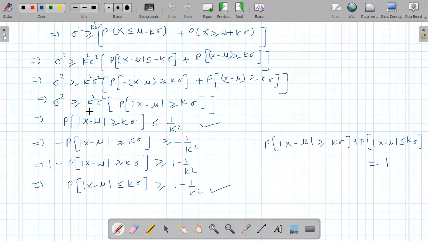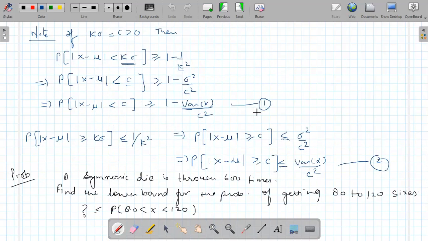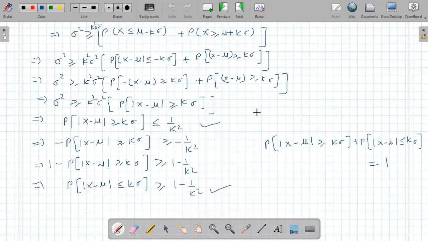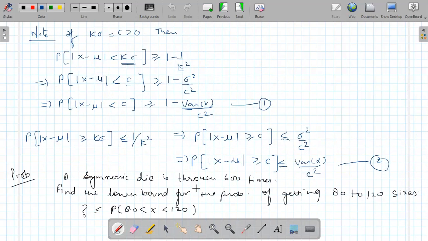So this inequality in terms of variance will be equal to this, and this inequality in terms of variance will be equal to this. You just simply replace k sigma by c and k by c upon sigma. Because these are useful in numerical problems, we have converted them in these terms.